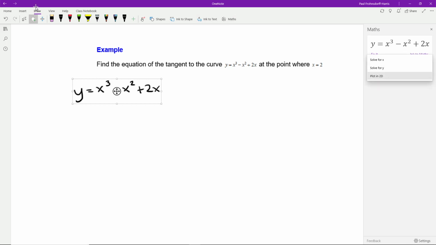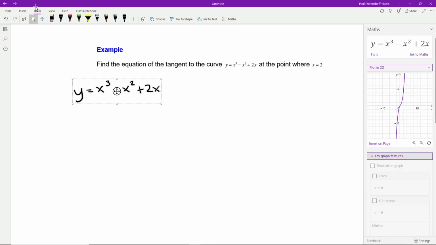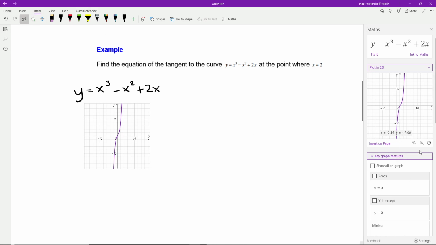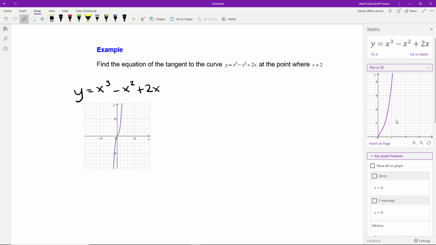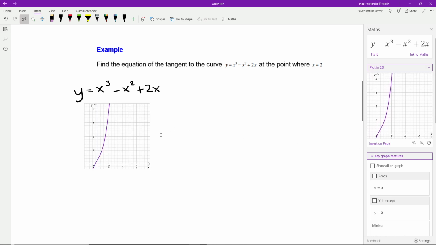And we're going to draw the graph and insert it onto the page. There it is. And I think I want to zoom in a little bit to make it more beautiful, because we only want the point 2. So let's just make it so the point 2 is visible. That's what it looks like there.